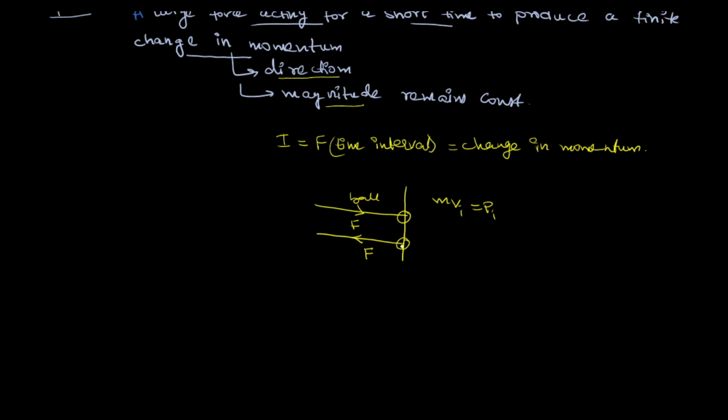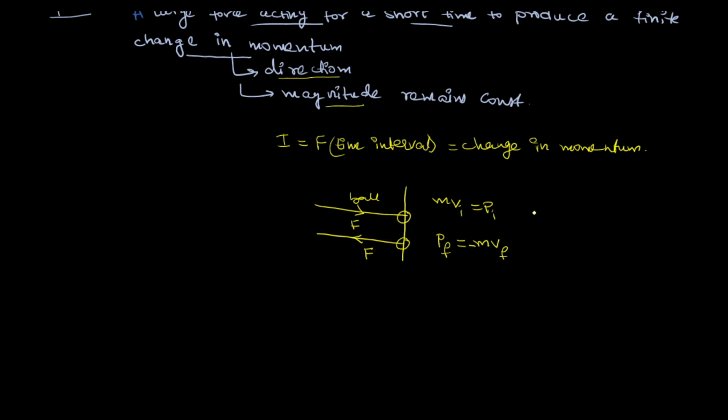After that what happens? It will bounce back with some force, and it changes the direction, and therefore what happens to the final momentum? The final momentum will be equal to mass into final velocity, minus. Why have I taken minus here? Because the direction of momentum is changed.